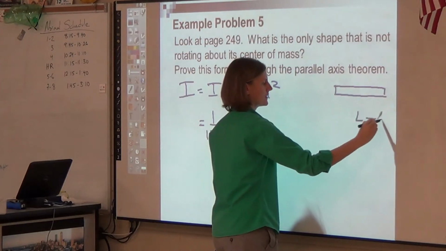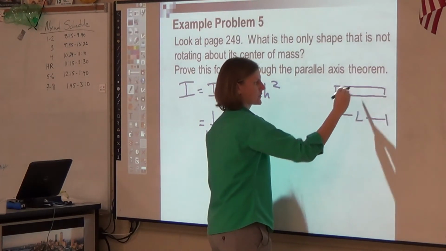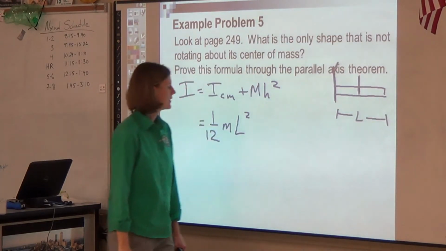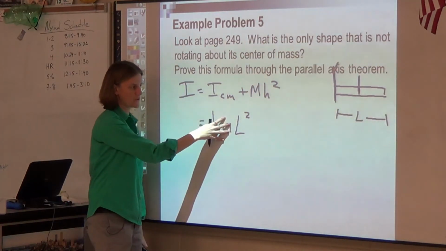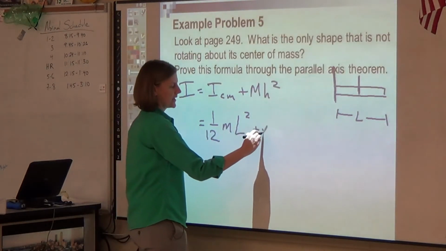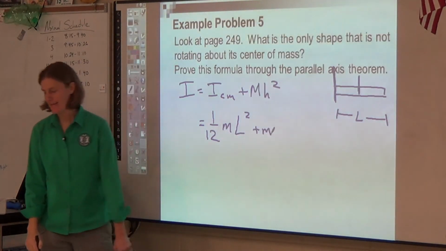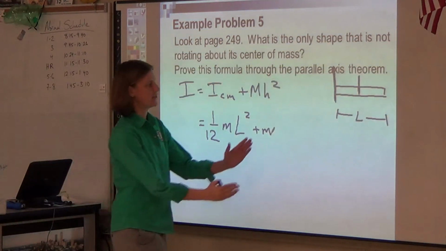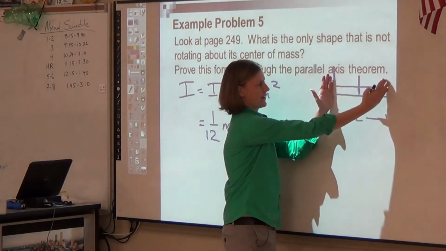So look at the page in the book or the slide of notes there. What's the only shape that's not rotating about the center of mass? Well, there's a rod rotating about the end. So the rod rotating about the end is not obviously rotating about the center of mass. So we're going to see if we can come up with the same formula that's in the notes.